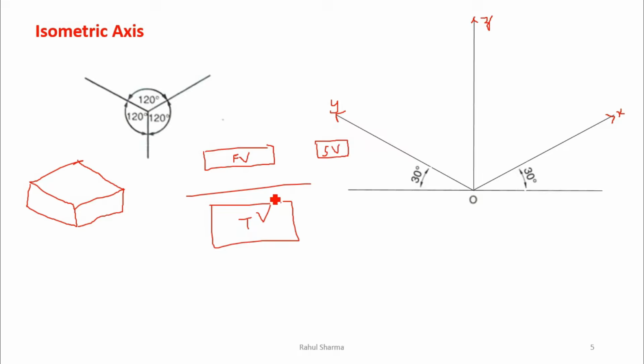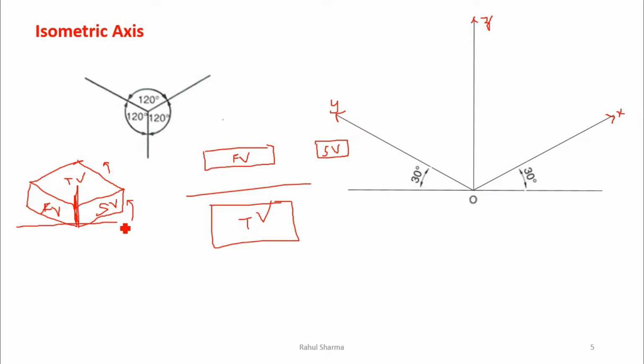When we tilt the object, we tilt it so that first its front view and side view are parallel to your eyes, meaning this edge should be parallel to your eyes. After that, we tilt the object in this direction. We tilt it from the back side so that we can see the top view of the object also.